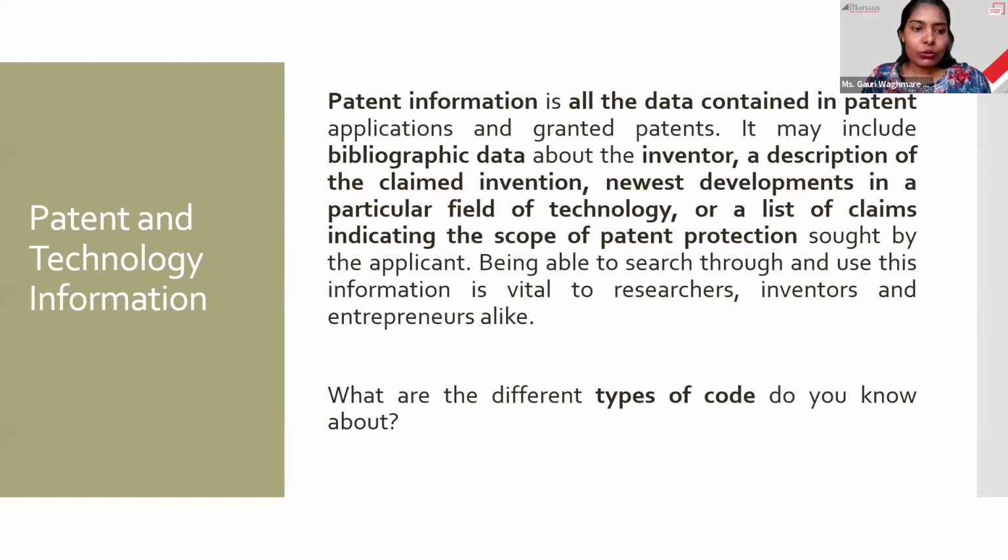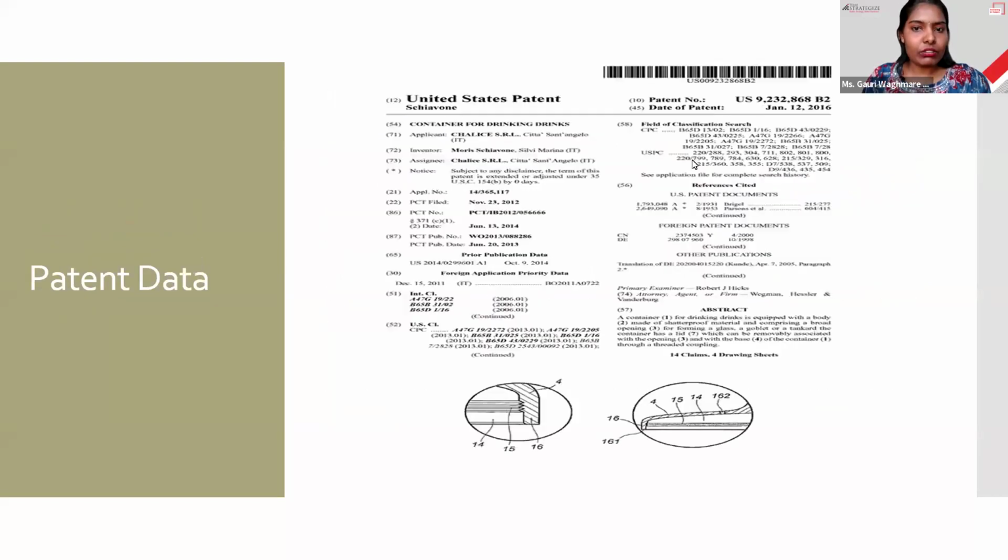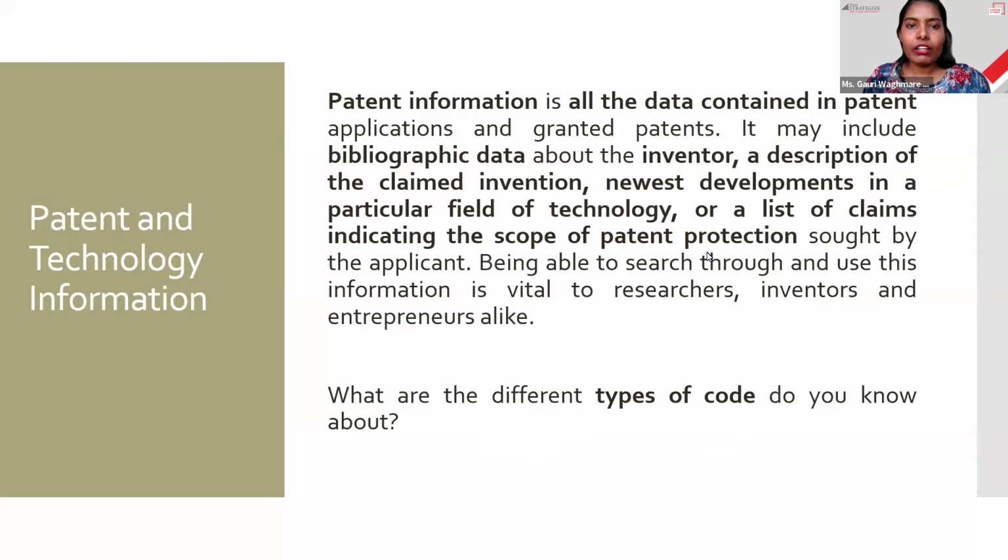And it's not only the applications, but also the granted patent. So this one is a granted patent application. Also, there is technical data, which you can see below that, where the description is given, the figure of the abstract is given, and the drawings in detailed views are given.